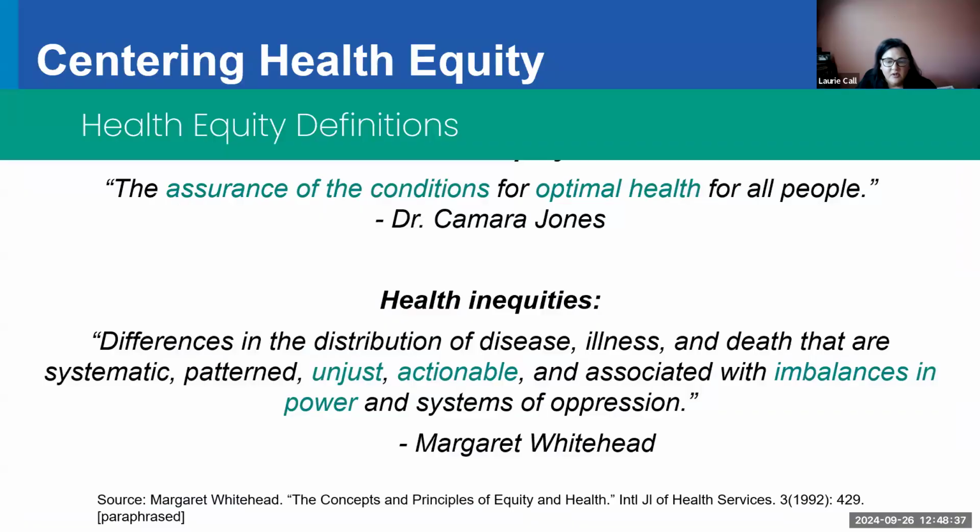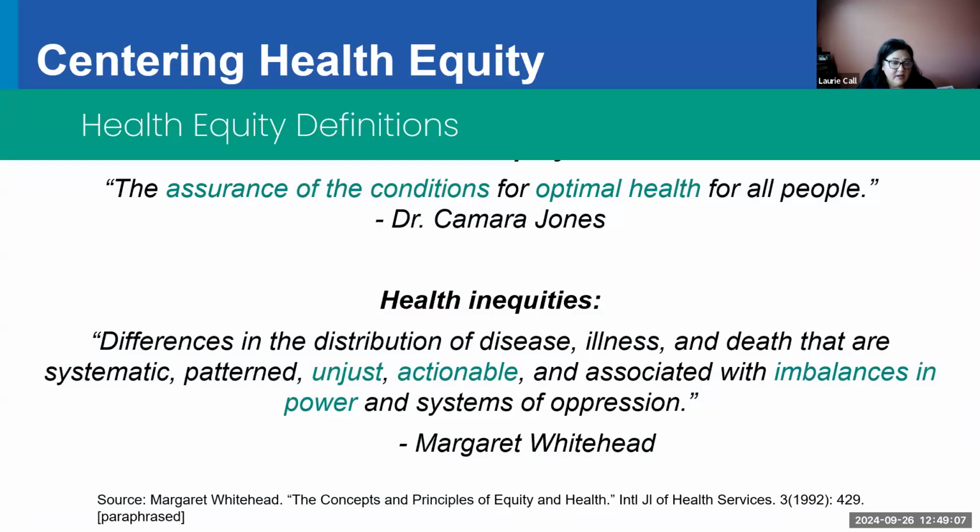So just a couple notes on definitions. Centering equity is a really key part of MAP 2.0, and I've said it's both the process and the intended outcome. Here are the definitions they're using for health equity. Dr. Kamara Jones: the assurance of the conditions for optimal health for all people.